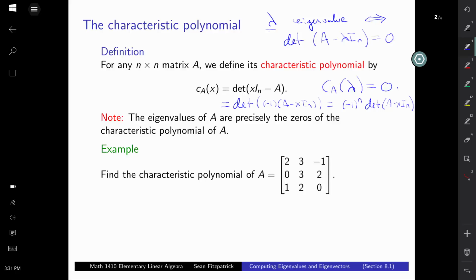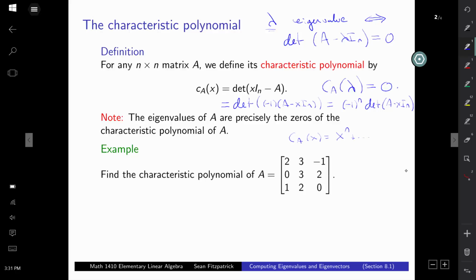The advantage of doing it the way you see it defined on the screen is that if you multiply everything out, you'll find that you get a polynomial that looks like x to the n plus some lower order stuff.